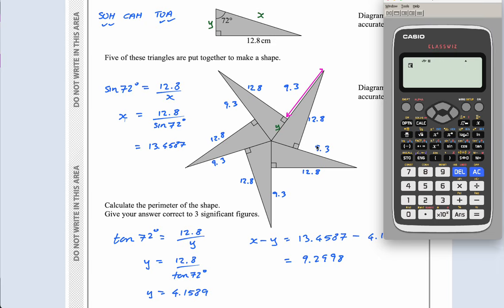I'm just going to do 5 times 12.8 plus 5 times 9.3, which gives me 110.5.